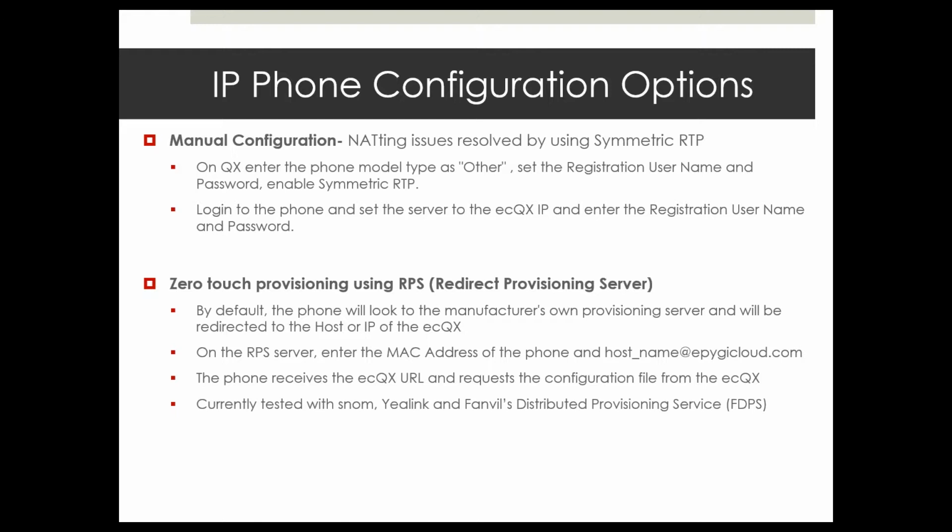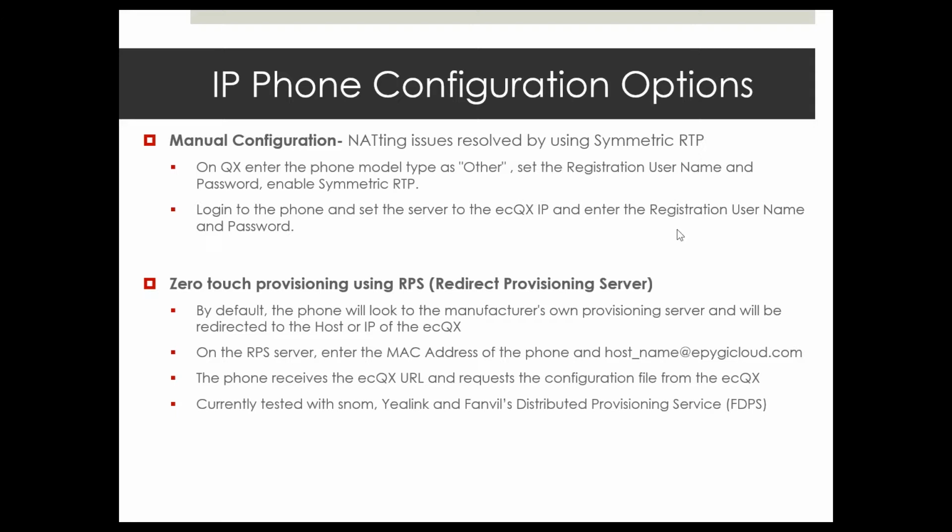So in this case, on the QX, we're going to configure the OpenVPN server. We generate the OpenVPN configuration file that's going to be used on the phone. And then, just like we normally would, we go to the IP line settings where we enter the phone model, the MAC address, and select the OpenVPN settings option.